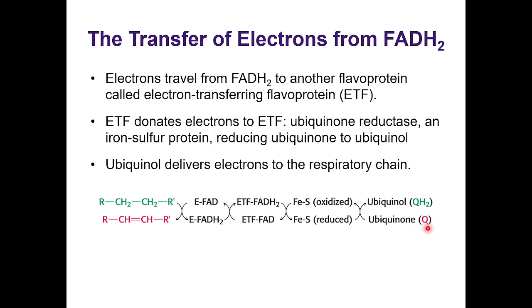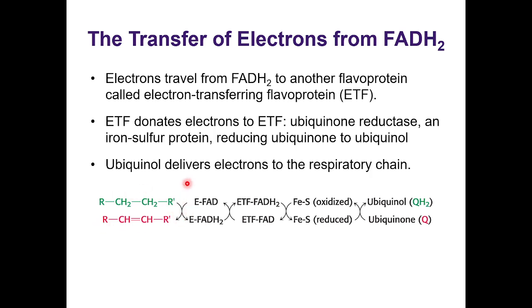That'd be normally your Q pool, right? We're just side routing it, okay? And then that just joins your normal respiratory chain with the rest of the Q pool, okay? And ubiquinol was the reduced form of ubiquinone, which is the Q, right? So QH2. And this is this right here.